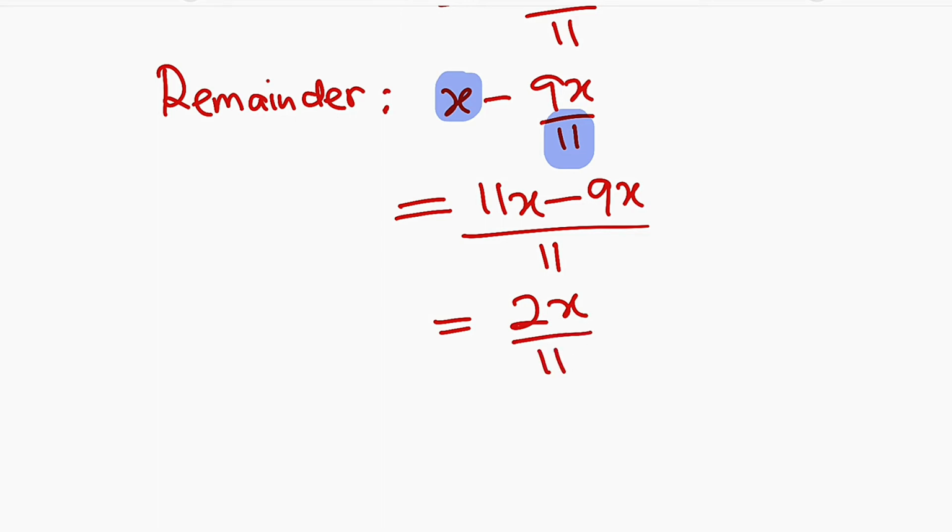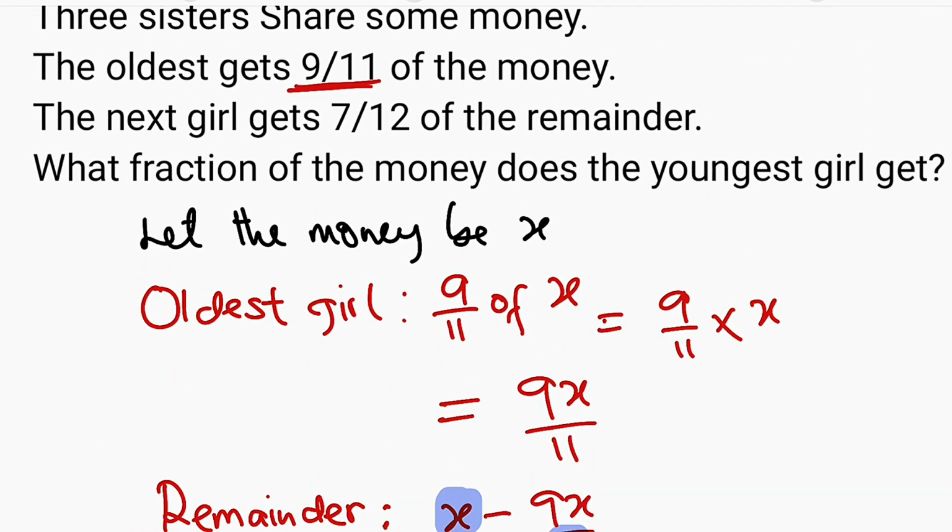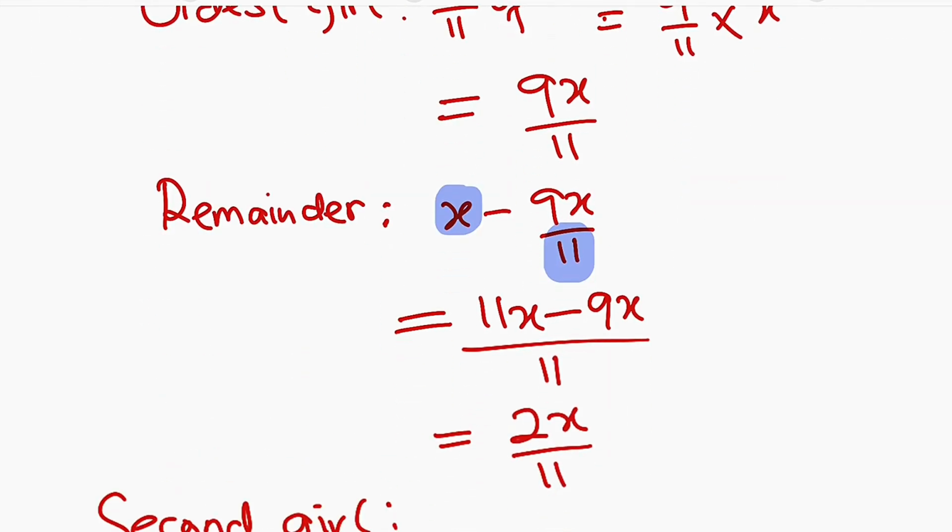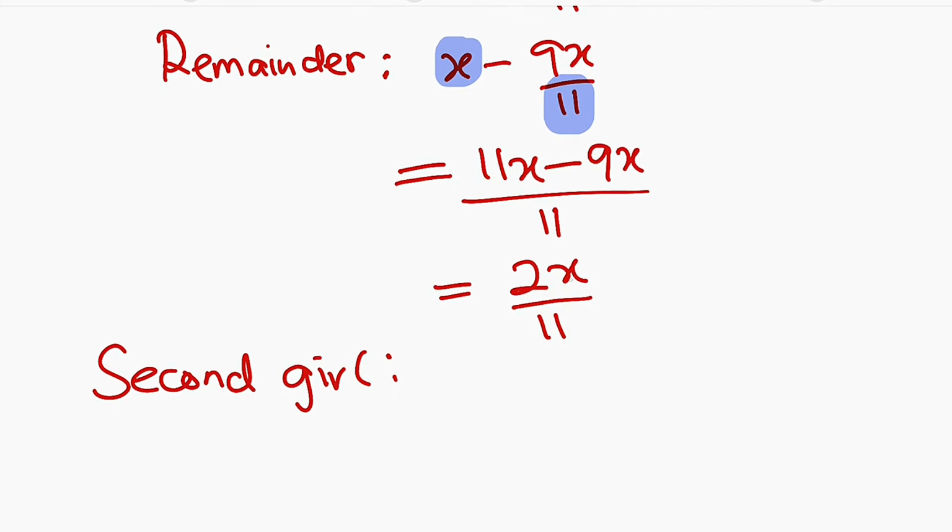Now we can find the share of the second girl or second sister. From the question, we have learned that the second girl received 7/12 of the remainder, and this is the remainder, 2x over 11. So she received 7 out of 12 of this remainder 2x over 11.